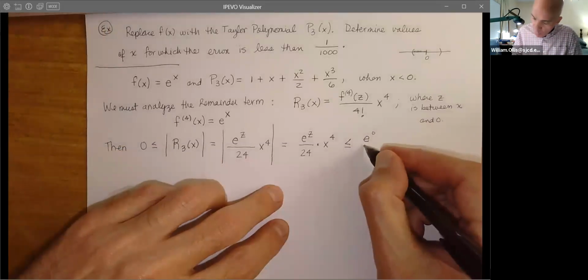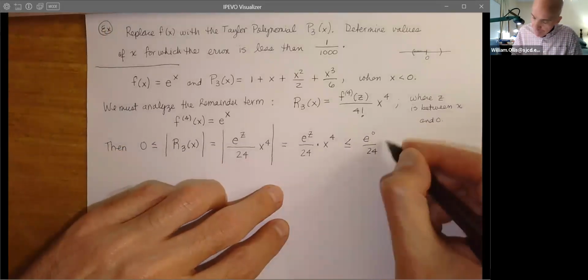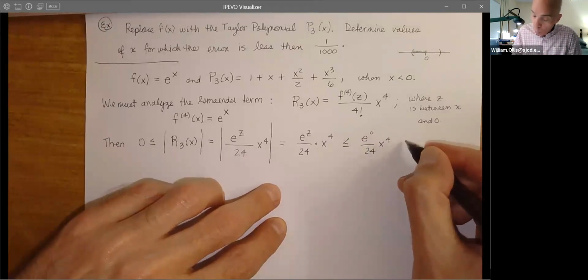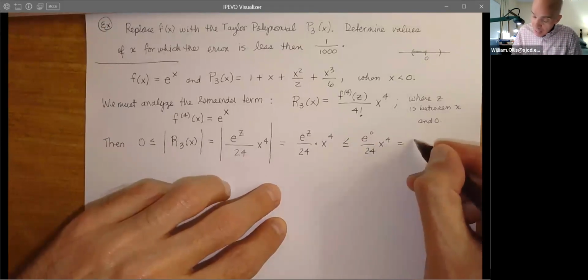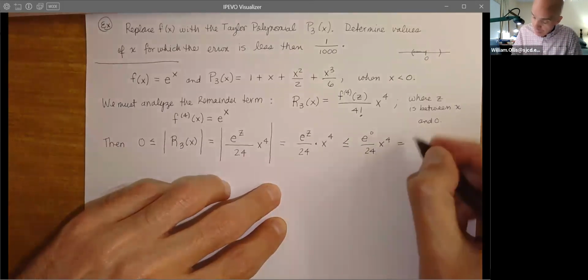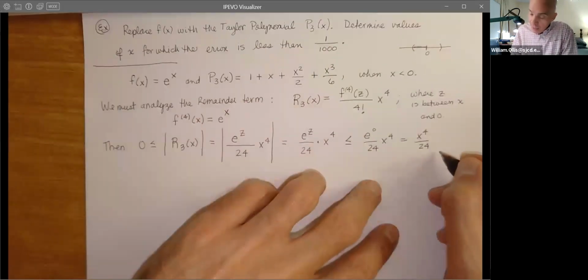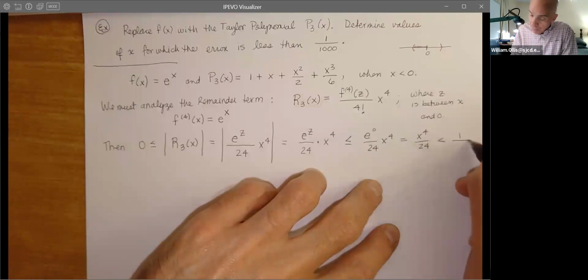So we get 24 x to the 4th. Of course, e to the 0 is just what? 1. So this gives us x to the 4th over 24. And we want this to be less than 1 over 1,000.